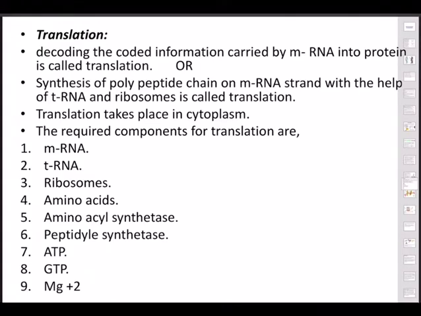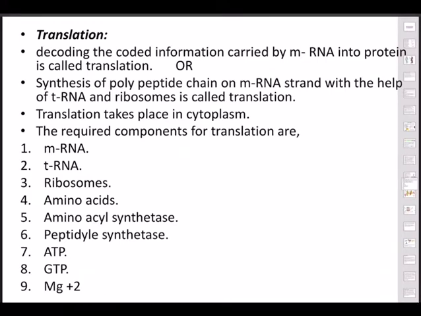Remember, ribosomes we say are factories, protein producing factories. And then fourth, amino acids, because amino acids are monomers. When monomers join together, then only a polymer will be formed. Here amino acids are monomers and proteins are polymers. And then to activate these amino acids, there should be an enzyme called aminoacyl synthetase. Anything that ends with ase, I said, is an enzyme.